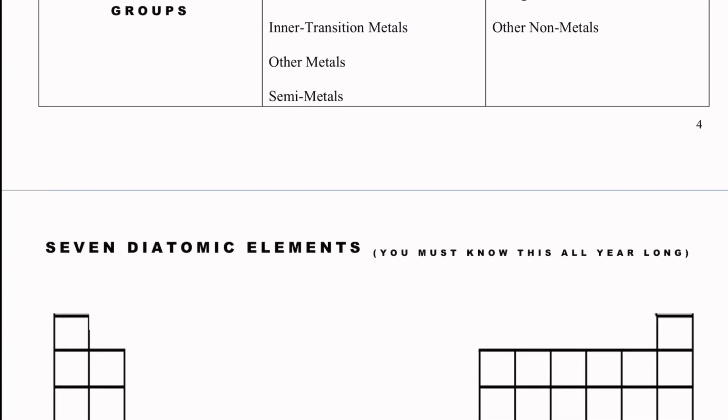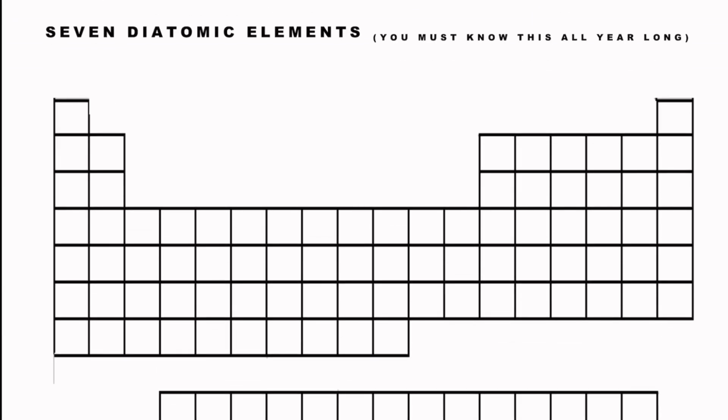Okay. Now, there are 7 diatomic elements. The prefix di means 2 and atomic means atom. So these are elements that exist in pairs in their elemental state.